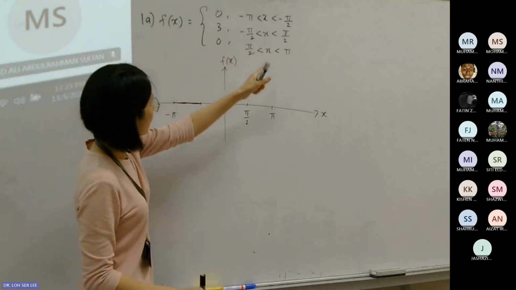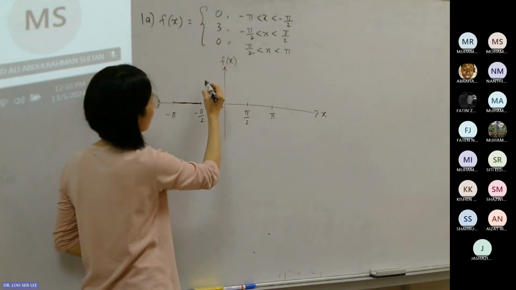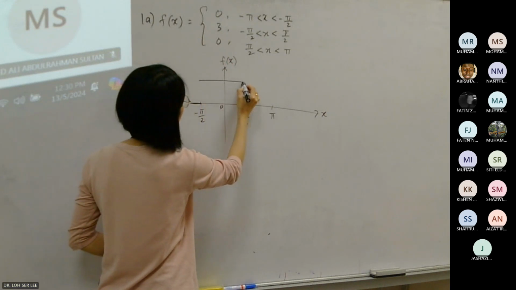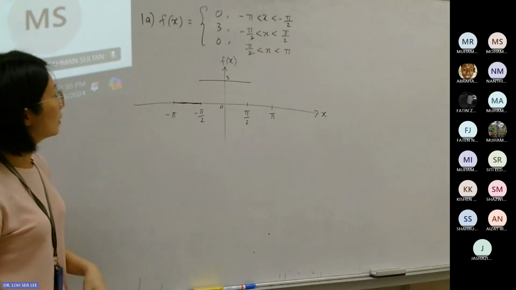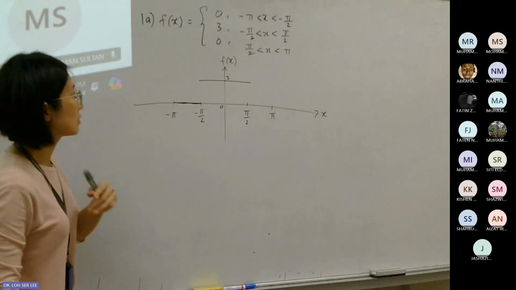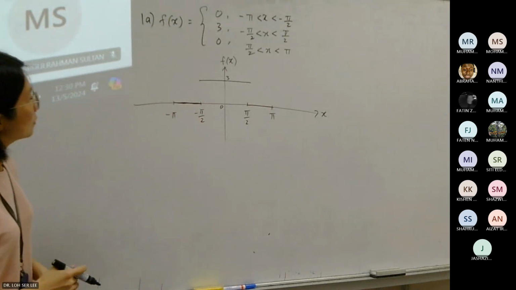From negative pi over 2 up to pi over 2, in this interval, we have 3. 3 is a constant, a horizontal line. Then the last interval is 0.